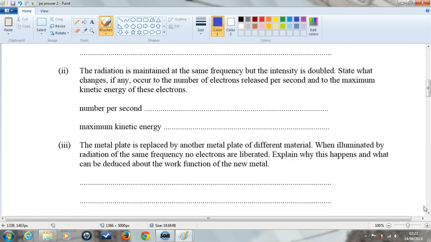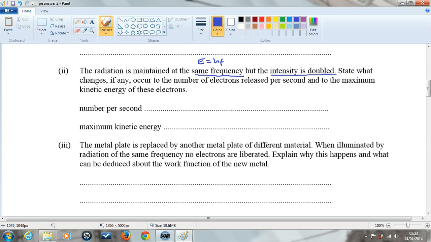Then we're told that the radiation is maintained at the same frequency. If it's at the same frequency, then we know that the energy is going to remain the same. So if it released photoelectrons beforehand, it'll still release photoelectrons now. But this time, it's doubled the intensity. Now, what effect will the intensity have? Well, it doesn't affect the energy because there's no intensity term in there, but it does mean that we need to think about the number of photons hitting the plate per second.